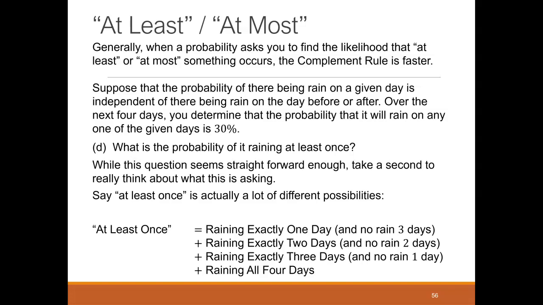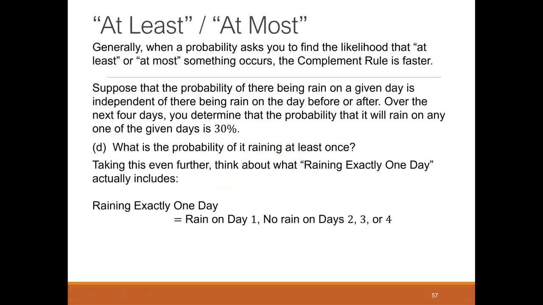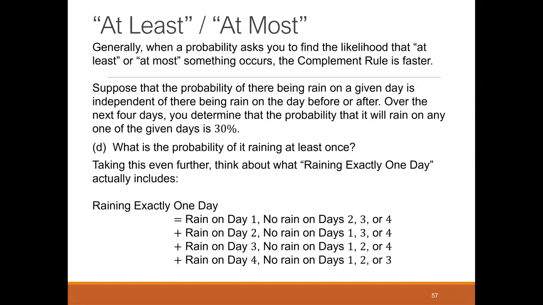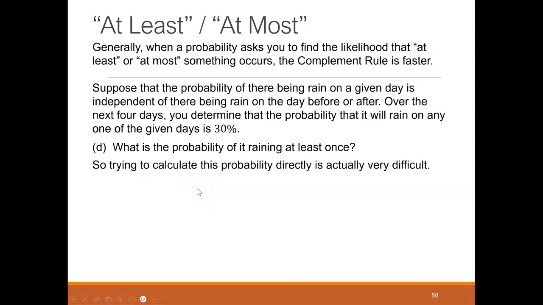Yuck, right? What are we going to use? A complement. Yeah. So we're going to do 1 minus the probability raining on no days. And then raining exactly 1 day, there's actually 4 possibilities here of how that could happen. And that's going to be really time consuming.